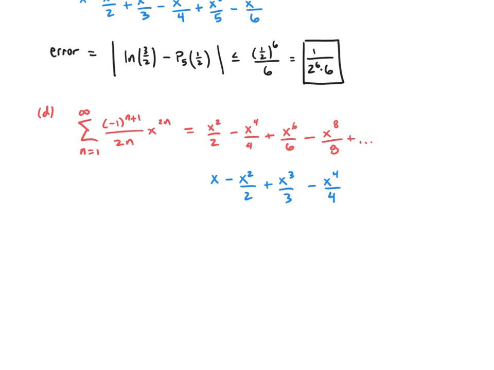One of the things I'm seeing is that if I multiply by 1/2, then I end up getting the pattern in the denominator. So if I multiply by 1/2, I'll get the 1/2 here, the 1/4 there, the 1/6 here, the 1/8 there. The other thing is that if I was to substitute in x squared into everything in blue, then that would match up as well.